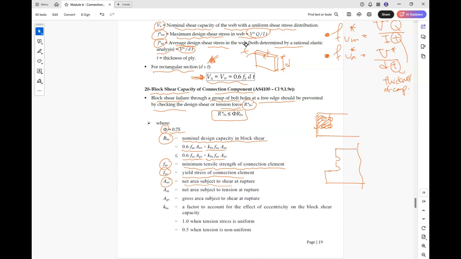A_nv is the net area subject to shear at rupture. A_nt is the net area subject to tension at rupture. A_gv is the gross area subject to shear at yield. And k_bs is a factor to account for the effect of eccentricity on the block shear capacity, equal to 1 when tension stress is uniform, and 0.5 if the tension stress is not uniform.